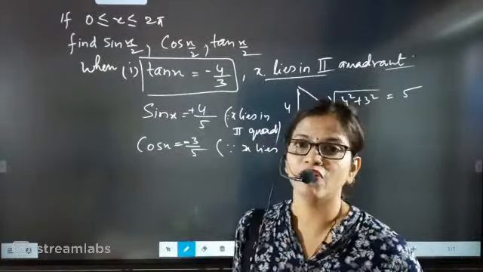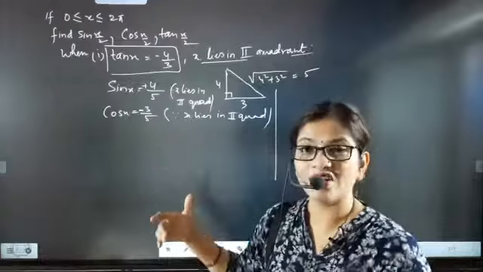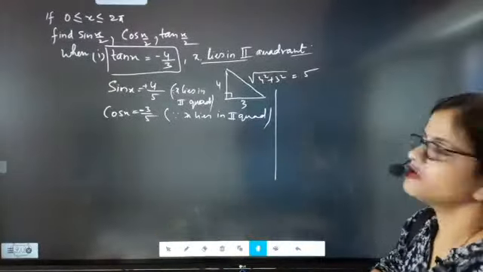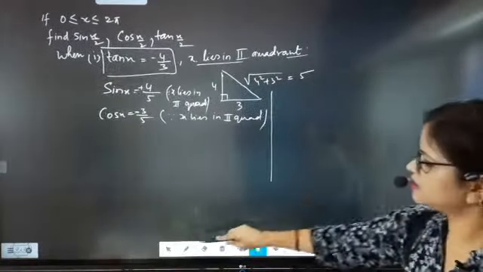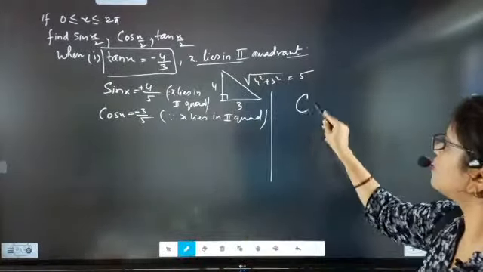First, I will let you play with this. Learn this method. Cos 2x is 2 cos square x minus 1. Now I am holding this question to let you understand how to solve. Now look here. Cos 2x is 2 cos square x minus 1. Yes or no?